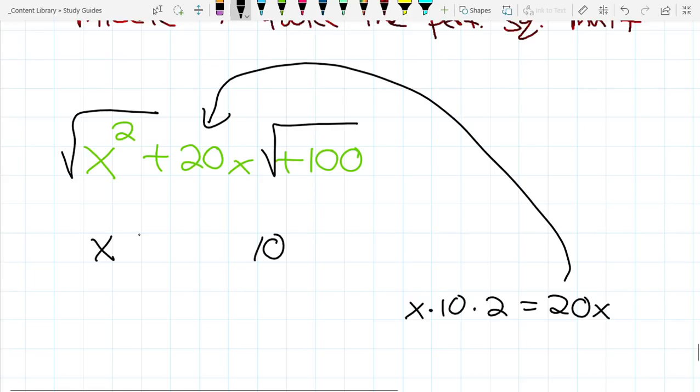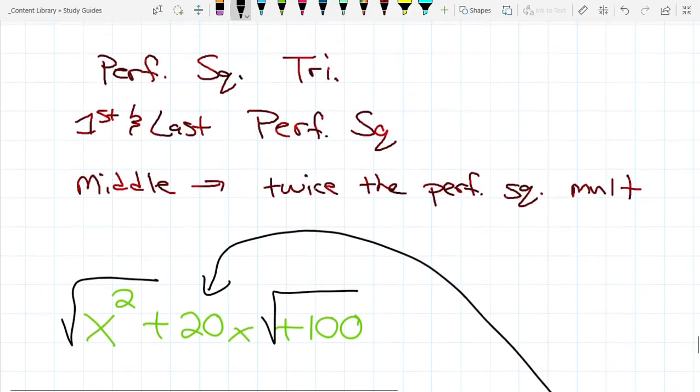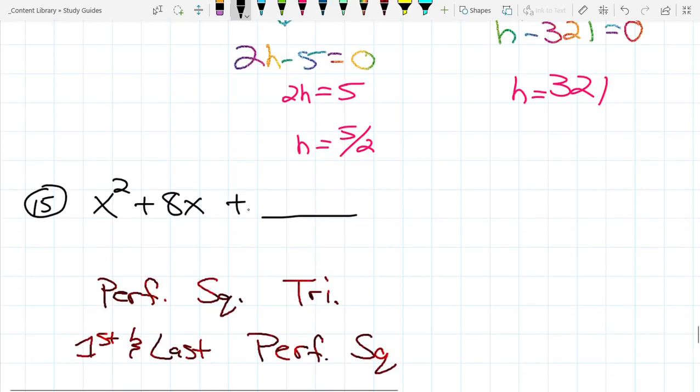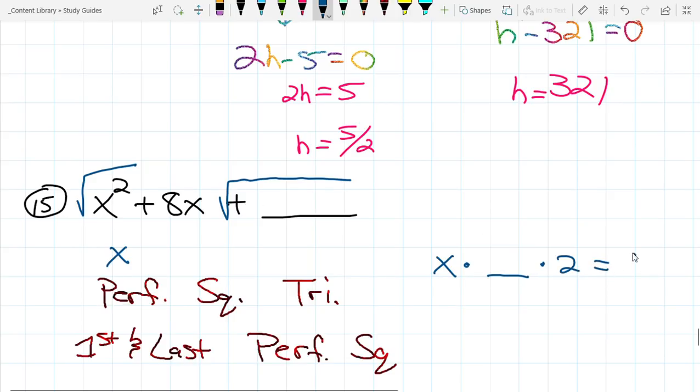So what we're doing is figuring out what number we can put at the end to make this a perfect square trinomial. So we kind of use backwards intuitiveness. Whatever we put here, we have to be able to take the square root of. And we take the square root of the first one as well, which is an x. And then whatever the square root of this is, whenever I multiply it with the x, and then I double it, I get an 8x.